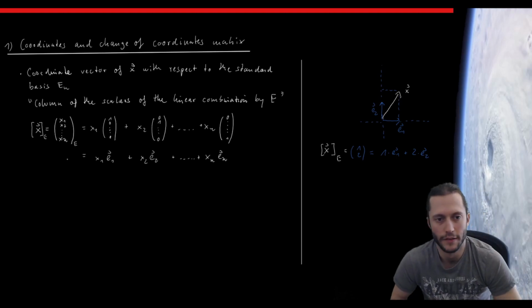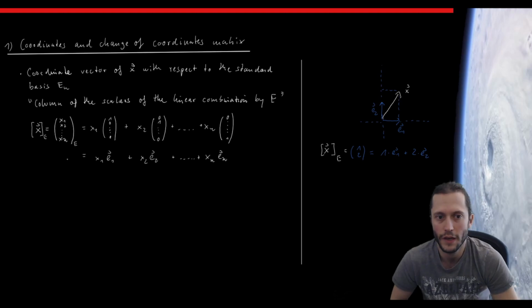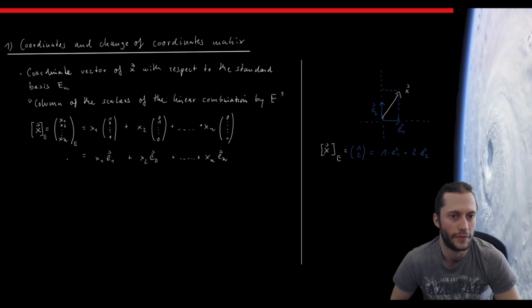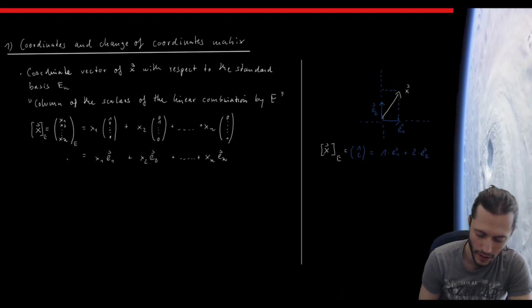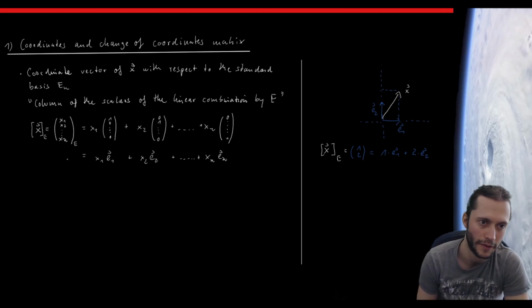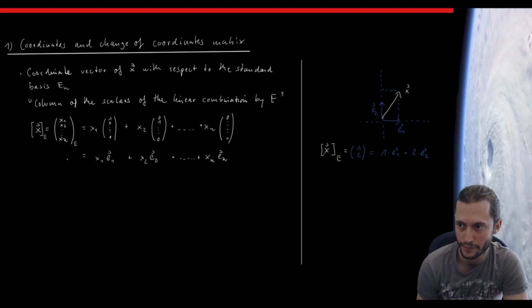Now, obviously, usually you're talking about the standard basis, as we're doing here. And in that case, this index is almost always left out. But since we're talking about exactly that topic, let's carry these indices at least for a while.